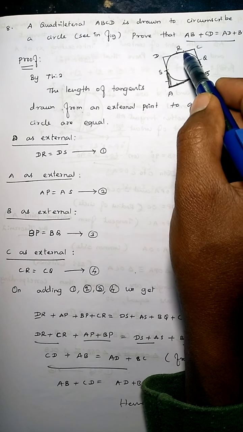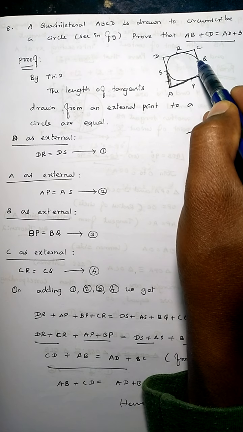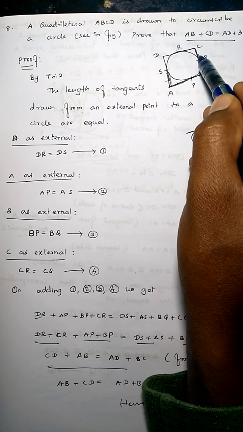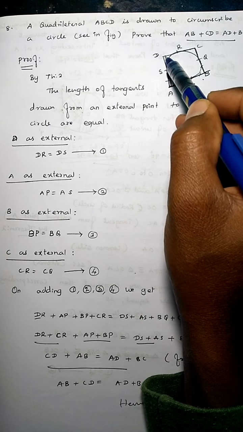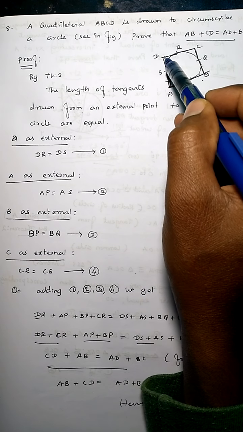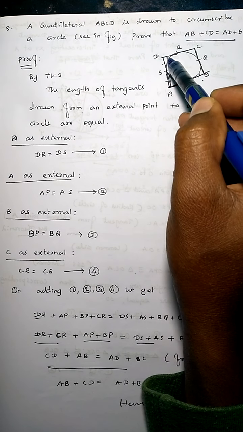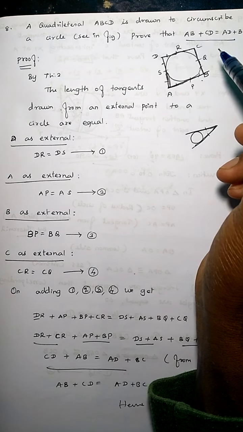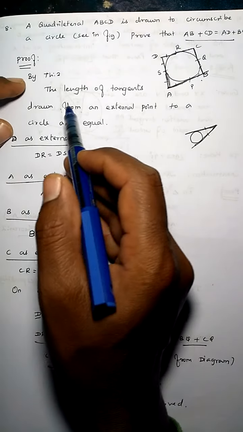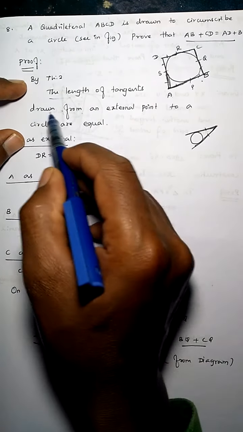And when you take C as an external point, then the lengths of tangents CR and CQ are equal. And finally, if you take D as an external point, then DR is a tangent, DS is also a tangent. So these lengths of tangents are also equal. This is all by theorem 2 that we are taking.